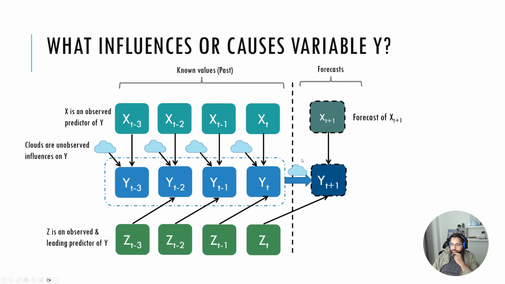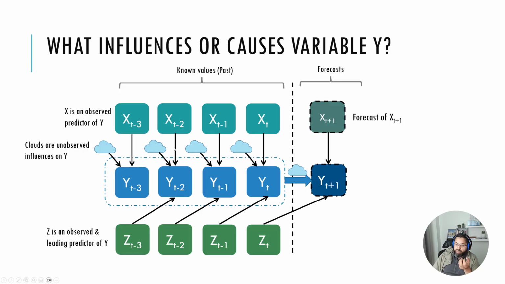Okay. So just keep this picture in mind that Y(T+1) is being affected by the patterns that stay consistent over time, so the time series aspect, as well as other variables. And you may use the other variables in a leading predictor sense, where the old value of the other variable affects the future value, or you may use it as a current predictor, where you have a forecast of that variable and you use the forecasted value of that variable to predict your variable Y(T+1), as well as these other aspects of it.